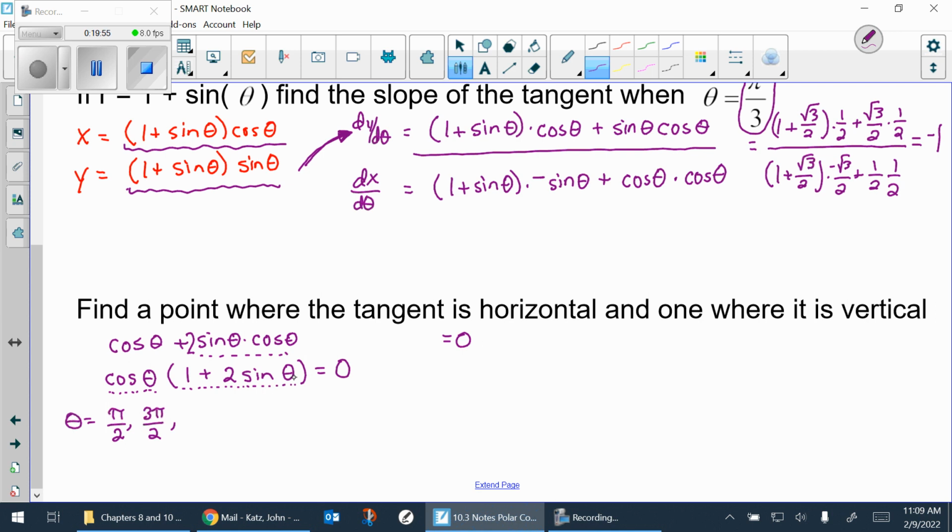When is the sine -1/2? I think of my unit circle, and sine is -1/2 at 7 pi over 6 and 11 pi over 6.